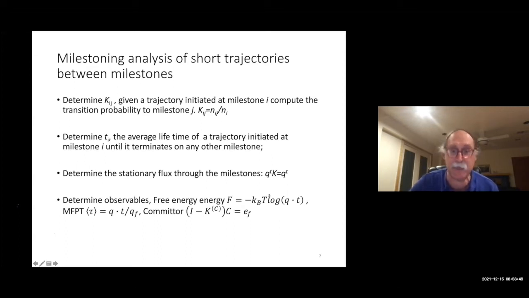Once we know Q, we can get the probability that the last milestone that we passed is a particular milestone. This is a scalar product of Q, the fluxes, multiplied by the time. Essentially, you have trajectories coming into the milestone, and how long they stay there determines the probability that they are still associated with this particular milestone. So this is the probability, if you like, of being at a particular milestone.